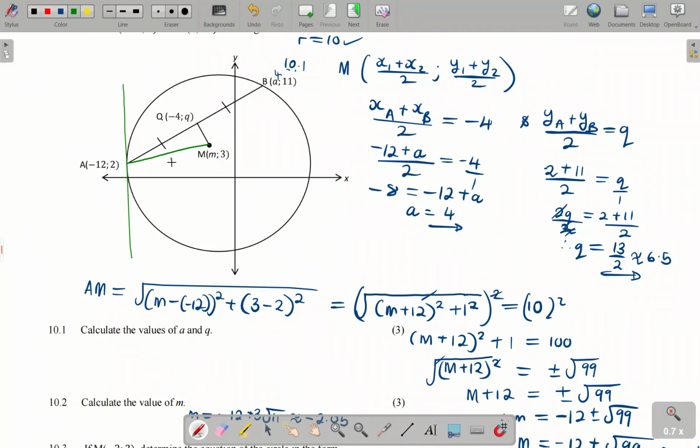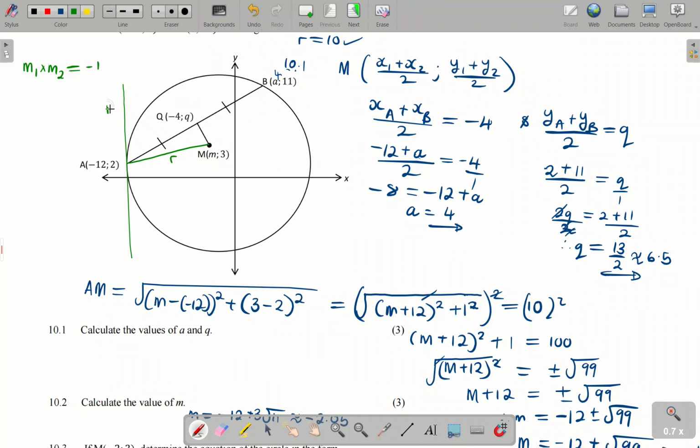To find the equation of a tangent, remember, we know that this is the radius, r there. So to find the equation of this line that is a tangent at A, we're just going to use this formula: the product of two gradients has to give us -1.